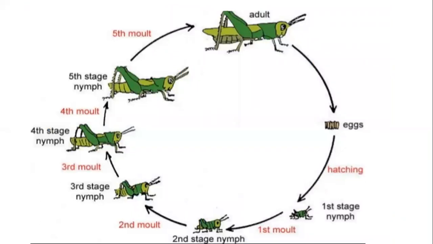Here's the life cycle of the locust. There is the adult, which lays the eggs.